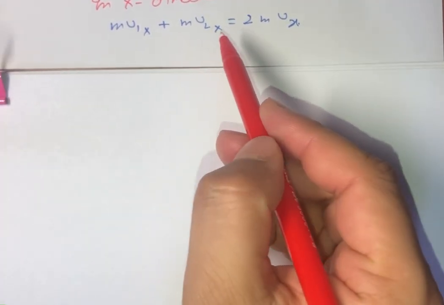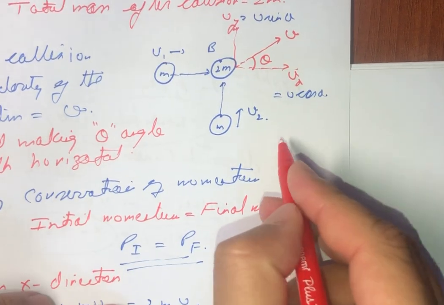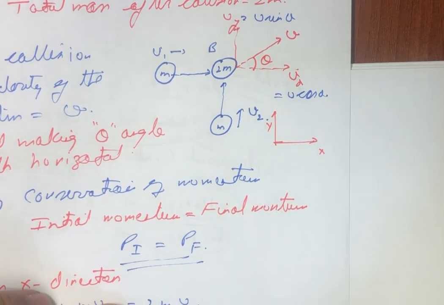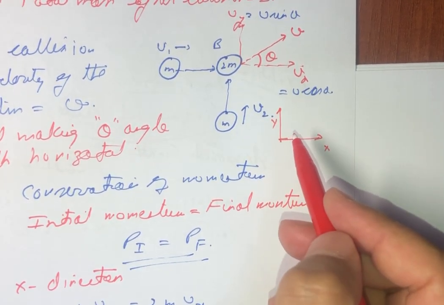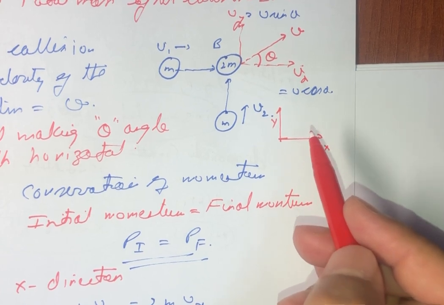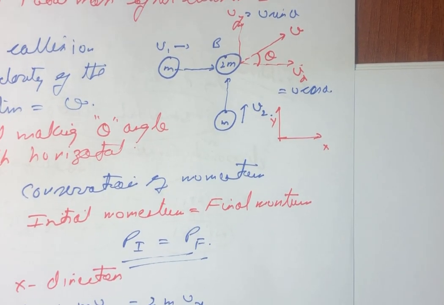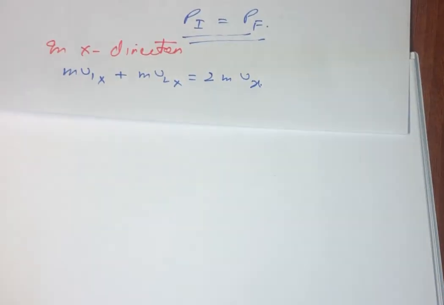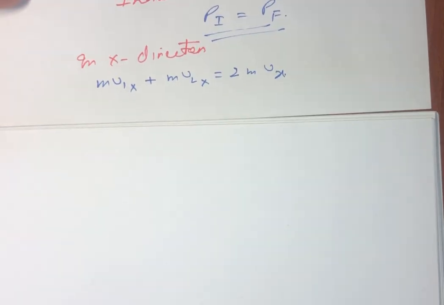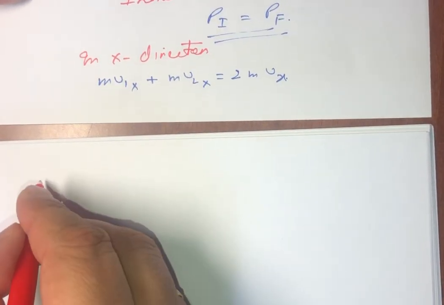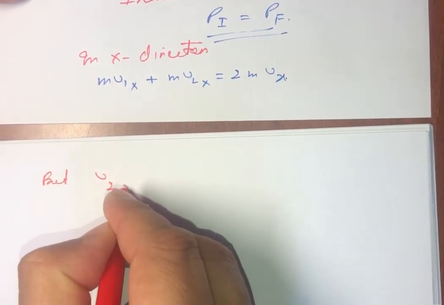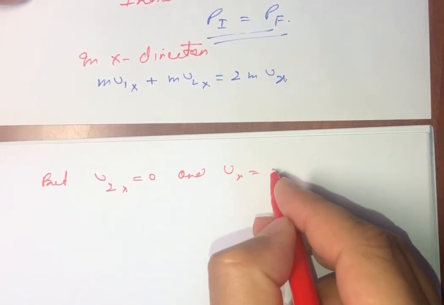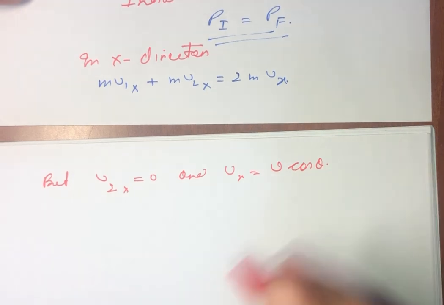And velocity component of this is our x direction, and this is our y direction. So v2 does not have a x direction component, and therefore you can say that v2x is equal to 0 and vx is equal to v cos of theta.